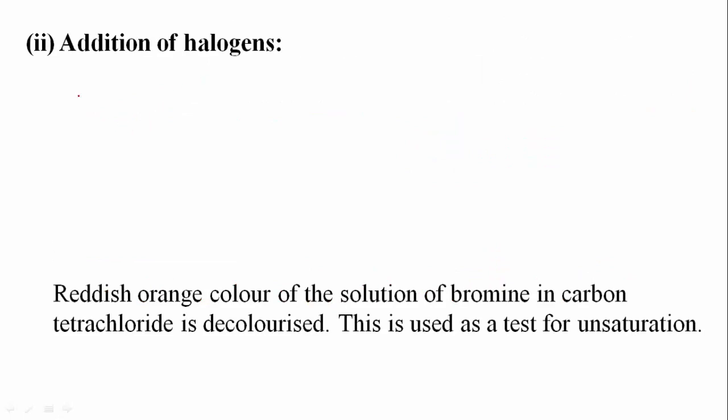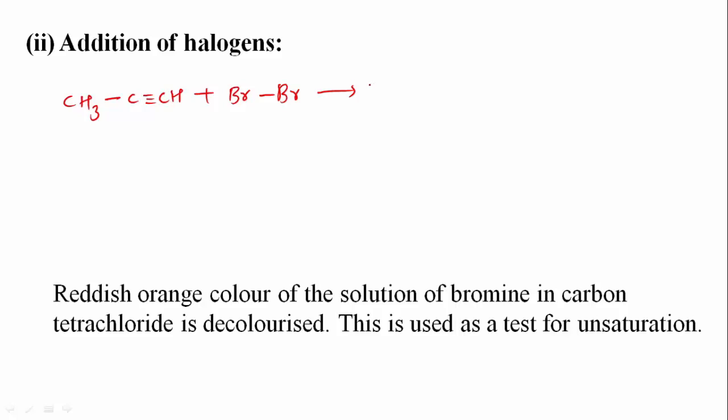So here if I consider propyne, CH3 C triple bond CH, when I add the halogen molecule, here I have taken Br2. Now according to Markovnikov's rule, it is an unsymmetrical alkyne.